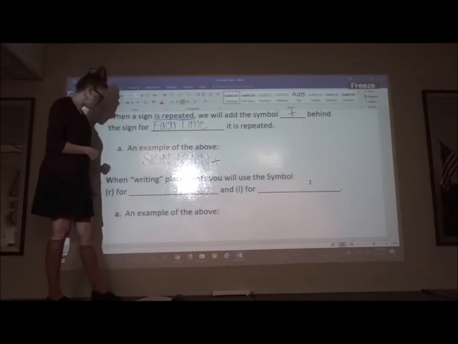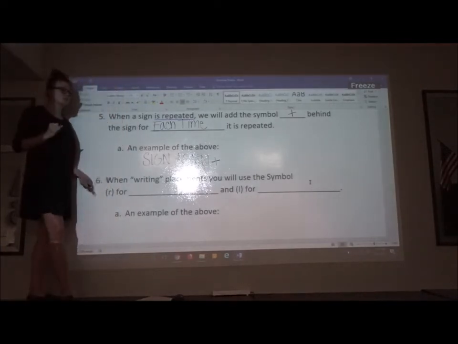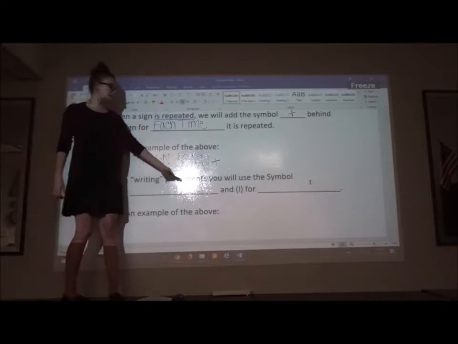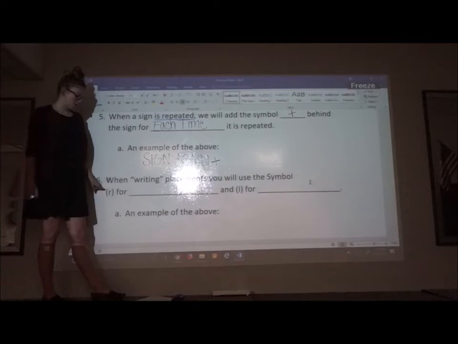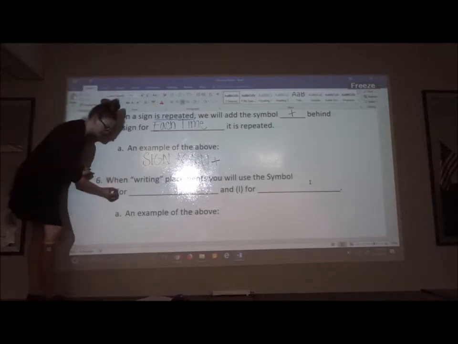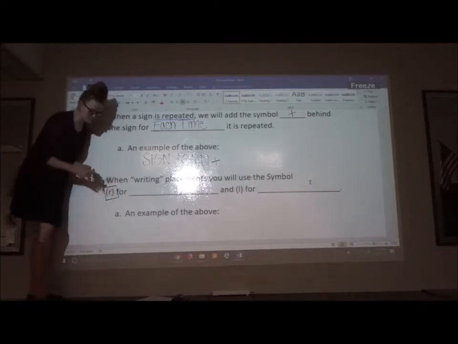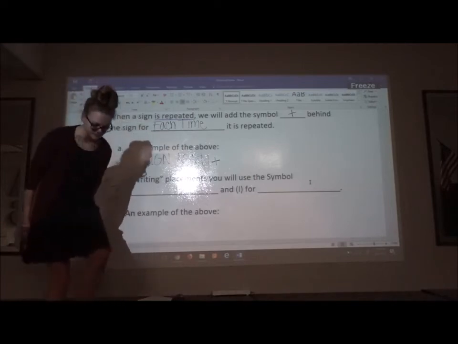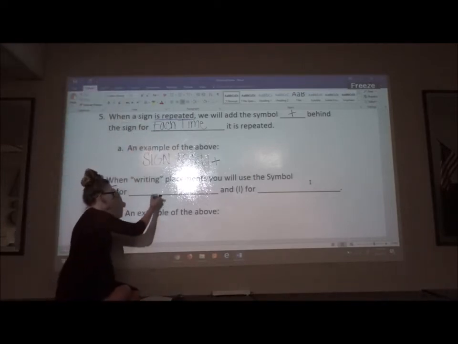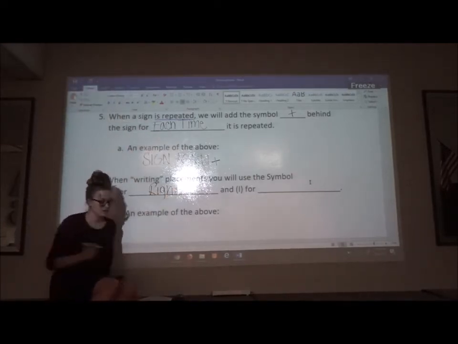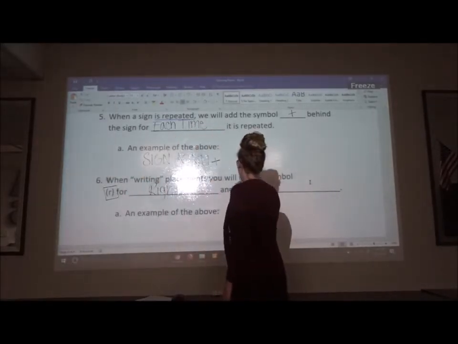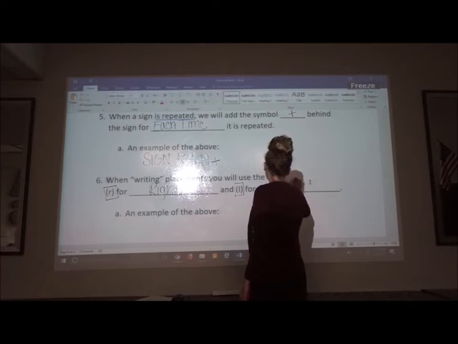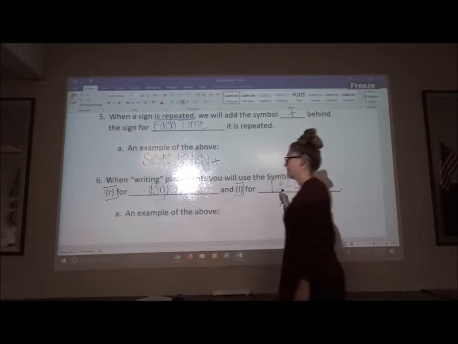Alright? Moving on to the very last one, we have made it. When writing placements, you will use the symbol, parentheses R, for right. And the symbol parentheses lowercase l for left. Alright?